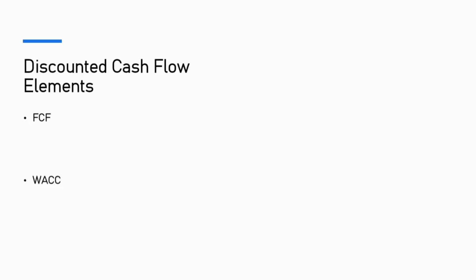So the next element is WACC. WACC is the weighted average cost of capital, which means that if a company, assume a company named ABC Limited, is issuing new shares in the market and borrowing and raising funds for its operations, then the shareholders expect that the company should generate at least 12% of return, or any such percentage of return.